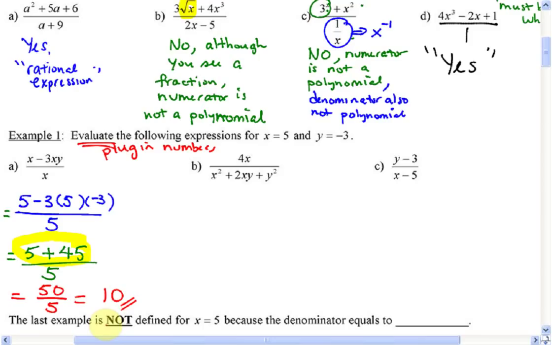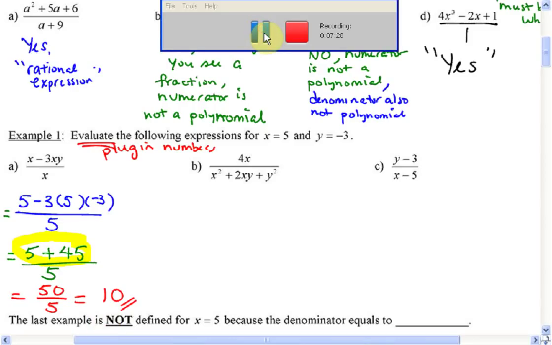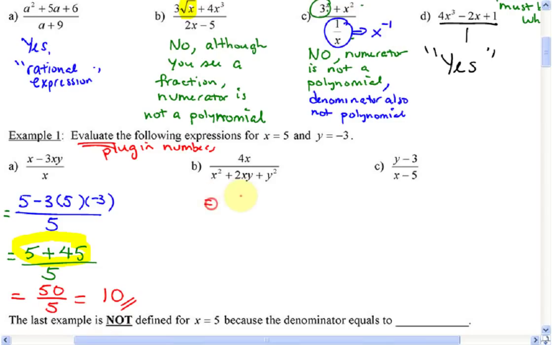Now, ladies and gentlemen, can you start to do B and C then? I would like you to try to put the numbers in and see if you can figure out what it is equal to. So numbers for part B, let's take a look. Can someone help me out? What number's on top? 4 times 5.